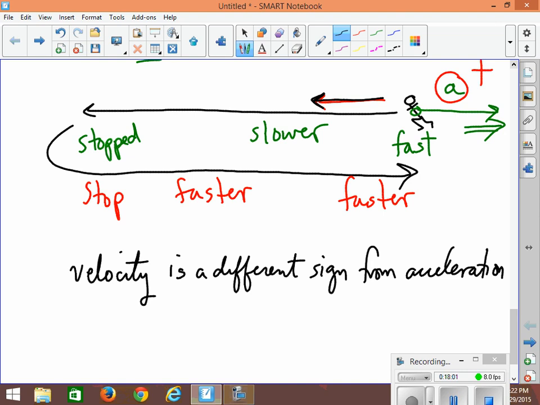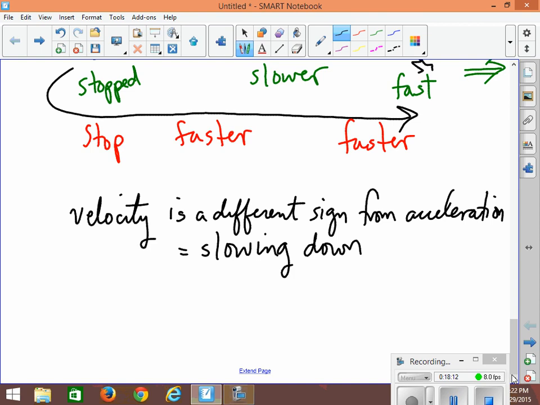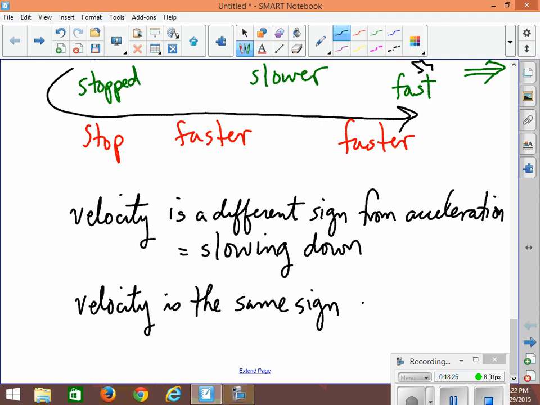It means you would be slowing down. And if your velocity is the same sign as your acceleration, same as acceleration, then that would indicate that you were speeding up.